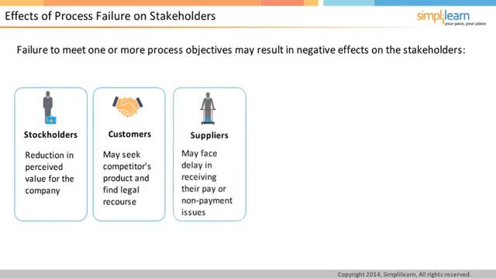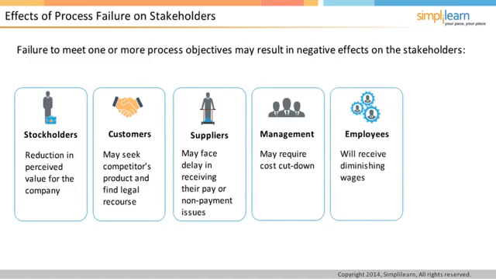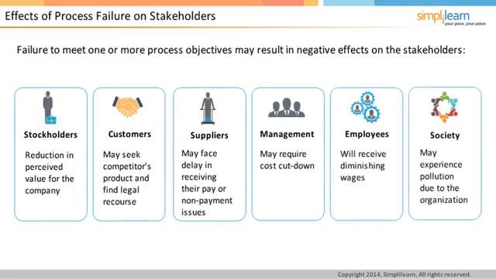Suppliers may be on the losing front with delayed payments or not being paid at all. Company management may require cost cut-down. Employees will receive diminishing wages. The community and society will be affected due to pollution created by the organization. In the next screen, we will understand the relationship between business and the stakeholder.